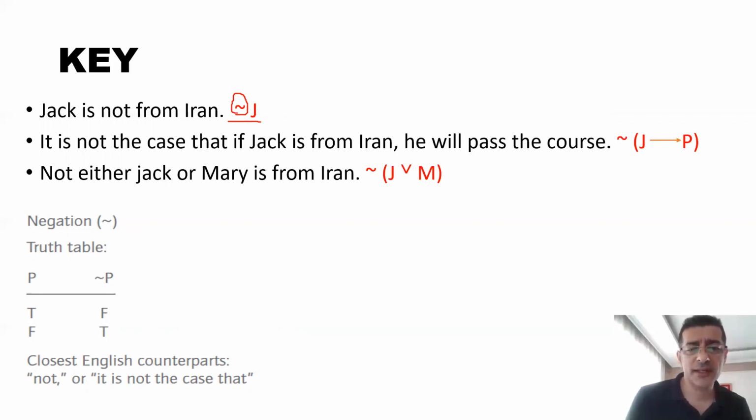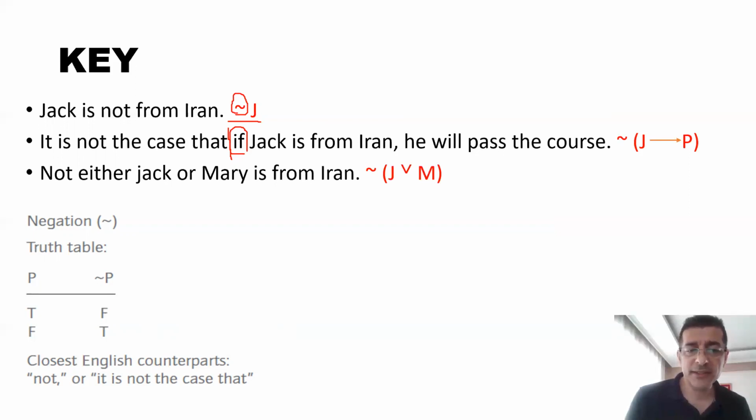The second one is it's not the case that, and let's forget about it's not the case that for now. Say it's, if Jack is not from Iran, he will pass the course. So we have two operations here, but this operation here is if then, right? It's a conditional. And then I've written here J for Jack, and P for will pass the course. It would be if J, then P, right?